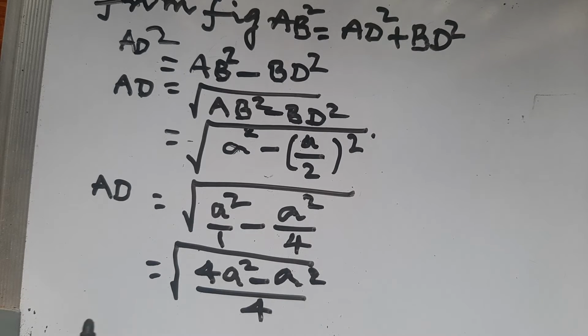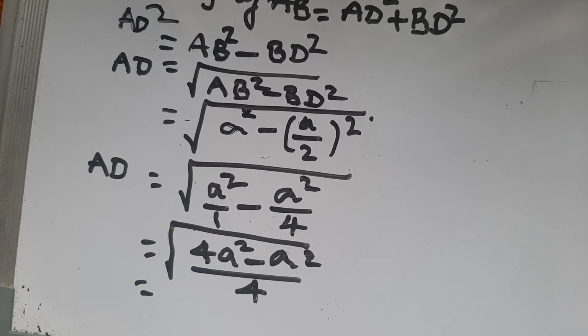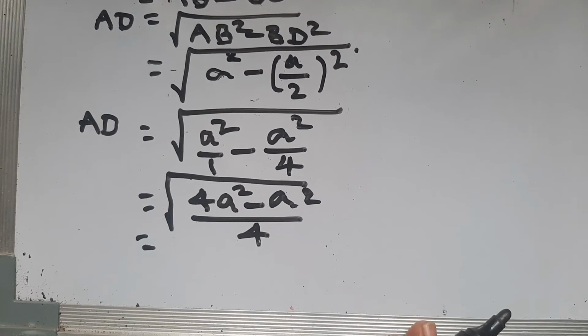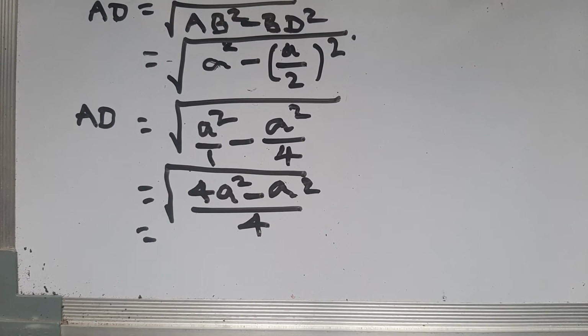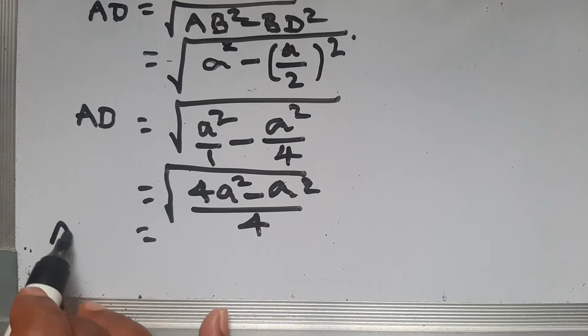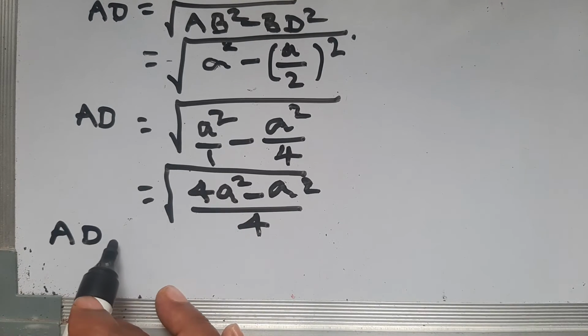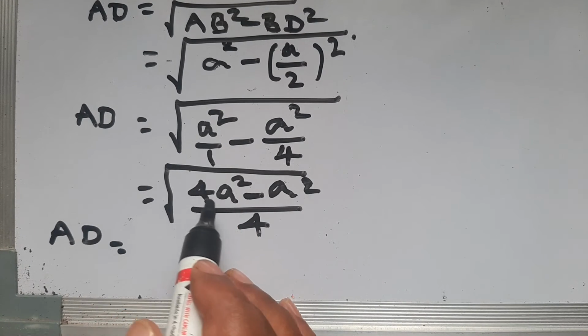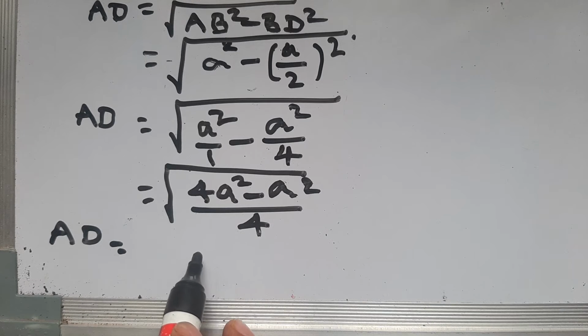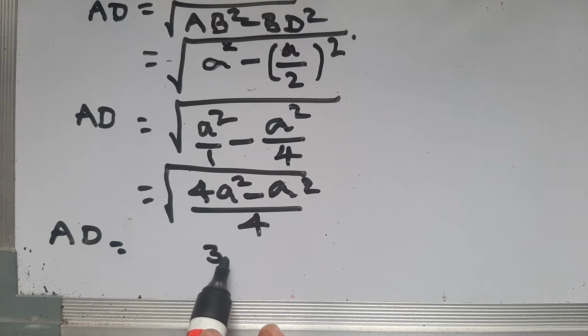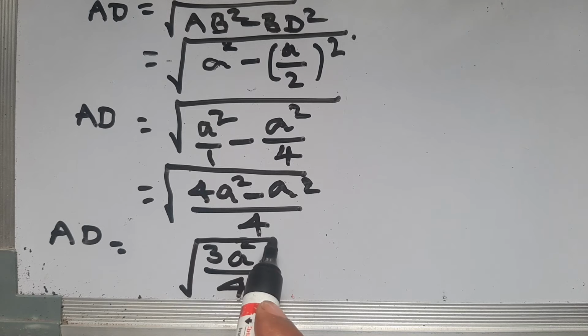Okay. Now, what is coming next step? Yes. What is the next step? Can you guess? AD is equals to, here we can write plus 4a square minus a square, 3a square by 4, right, root as it is.